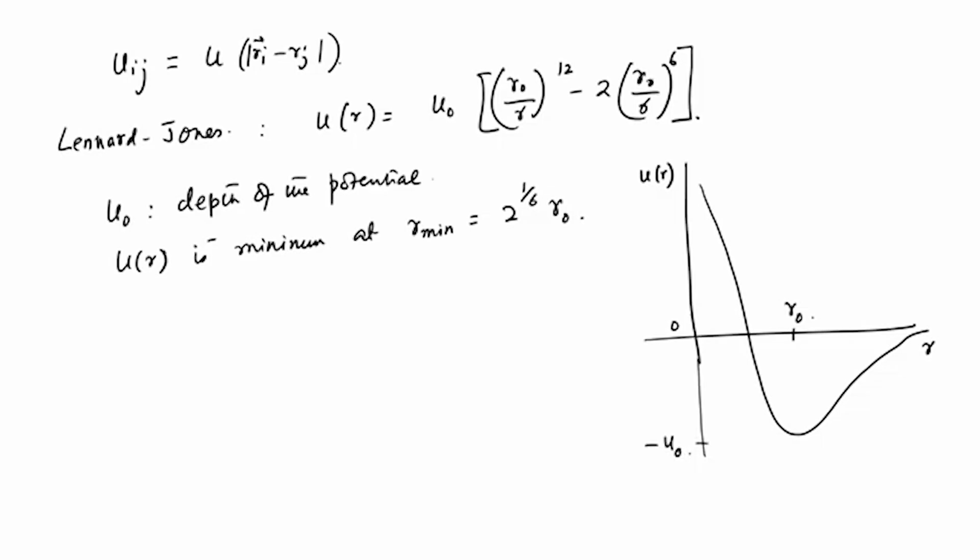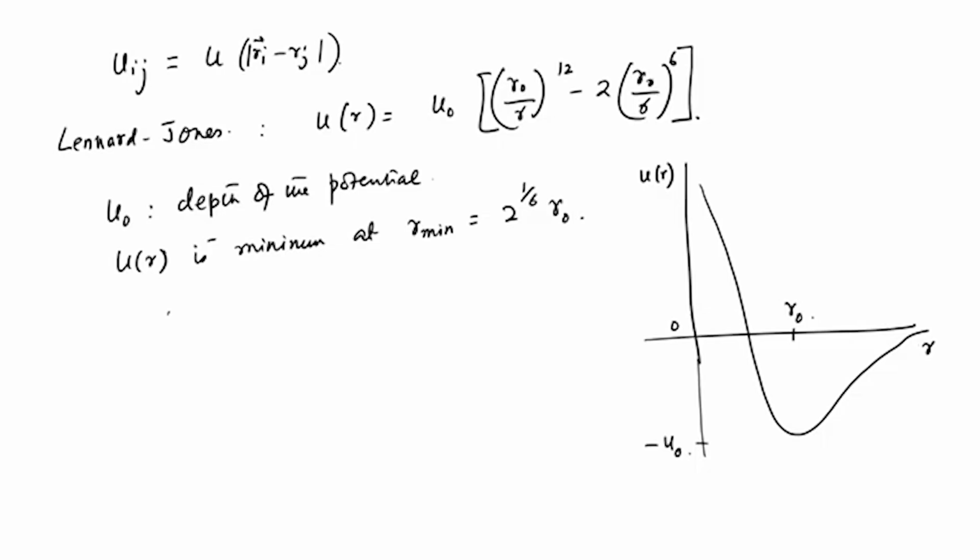So, it is at a distance R 0, nearly R 0, I mean, so there is some R 0. This is the minimum at this point, and so it is strongly repulsive at small distances and weakly attractive at large distances. That is the form of the potential.